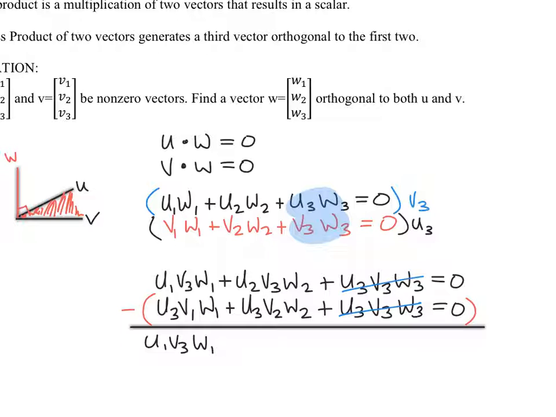Now we don't have any matching terms, so we don't have any like terms, so it's not like I can combine anything. So I can just do pretty much everything I see here. I'll do it across the top and then across the second row. So U2, V3, W2 minus U3, V1, W1 minus U3, V2, W2.